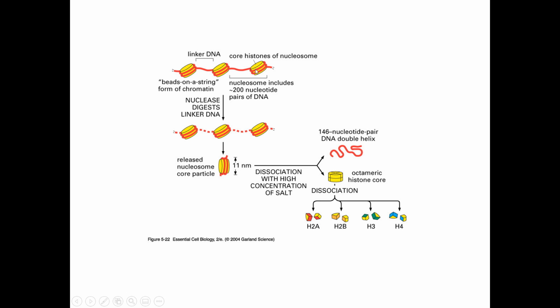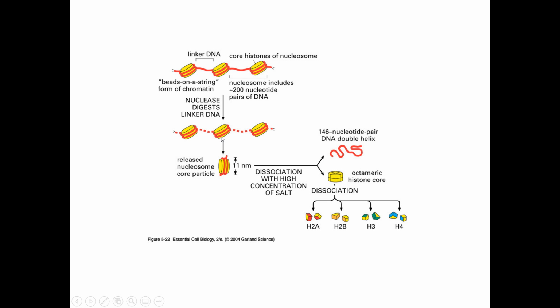So the nucleosome includes approximately 200 nucleotide base pairs, and the linkage is done with the help of this linker DNA. This yellow structure is the histone core. Suppose you hydrolyze this with the help of an enzyme, the nuclease enzyme, which will first digest the linker DNA and make nucleosome core particles.